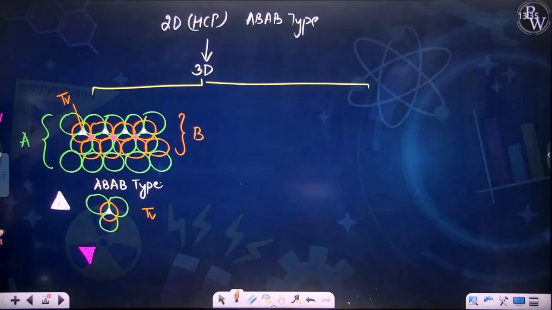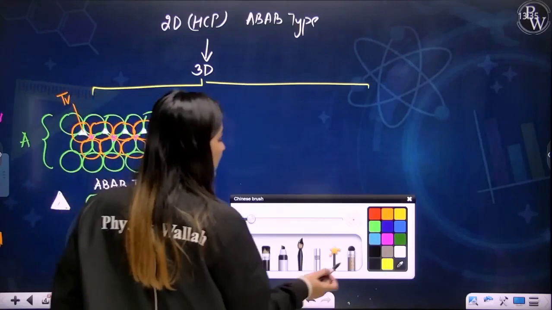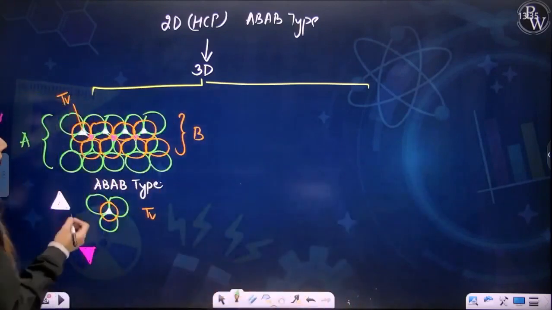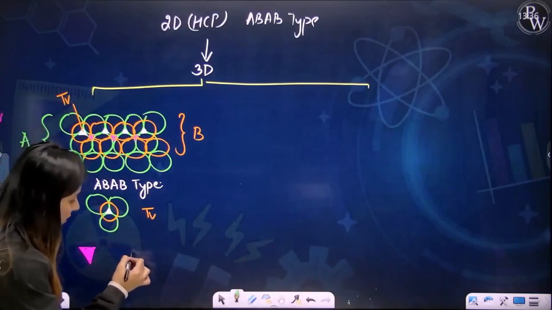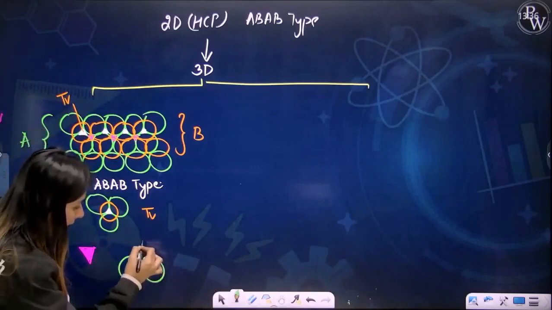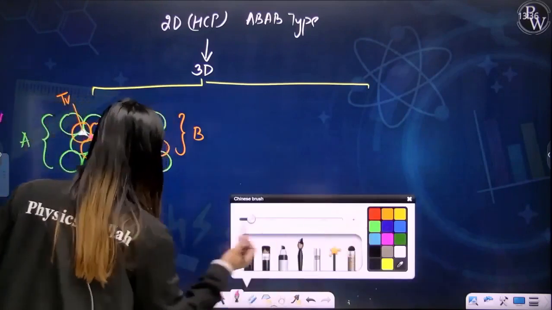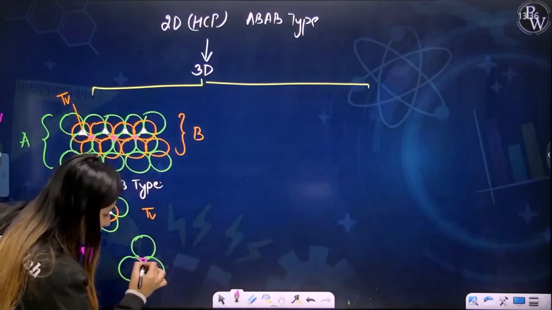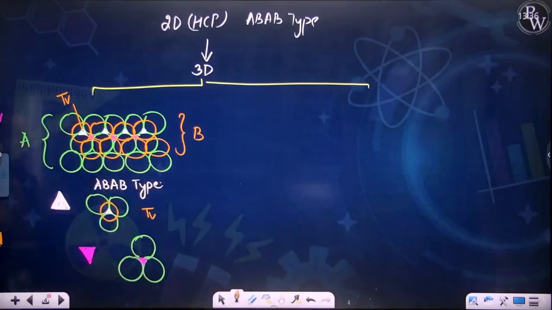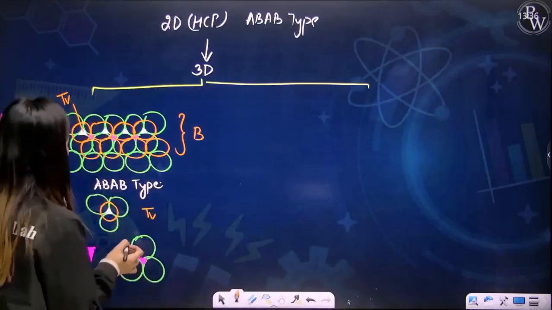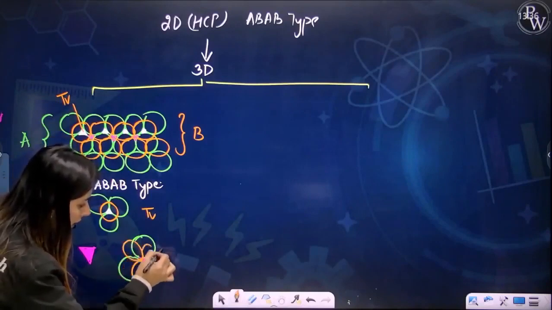Now let's try to imagine which void this pink void is. I had green colored atoms making a pink colored void. I had two atoms here and one atom here. So this pink void is formed like this. Now, the second layer, made by the orange atoms, is formed something like this: one atom here, one atom here, and one atom here.